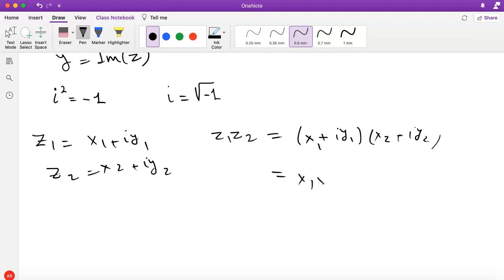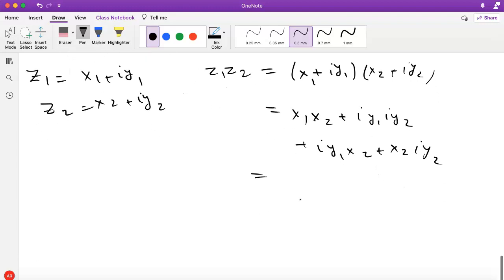You'll get x1 x2 plus i y1 times i y2 plus i y1 x2 plus x1 i y2.